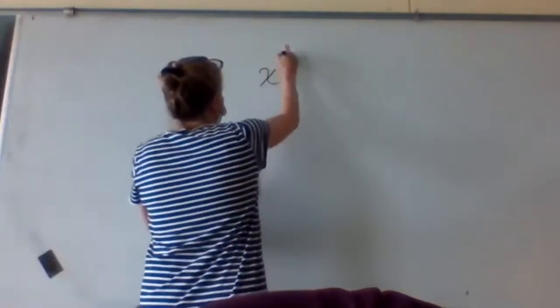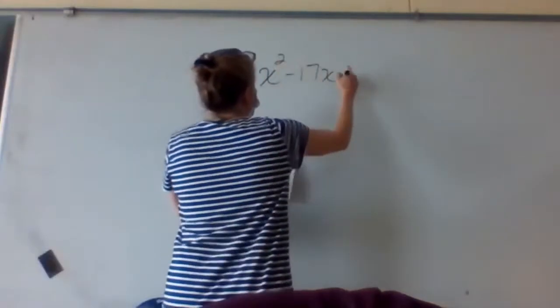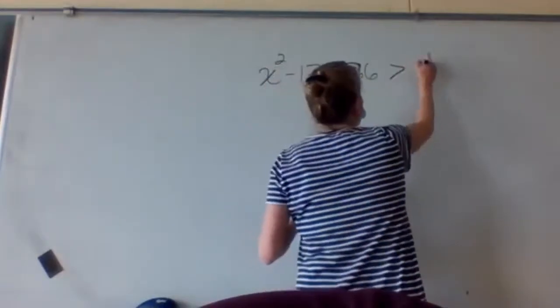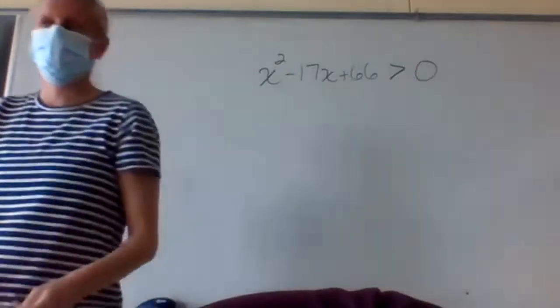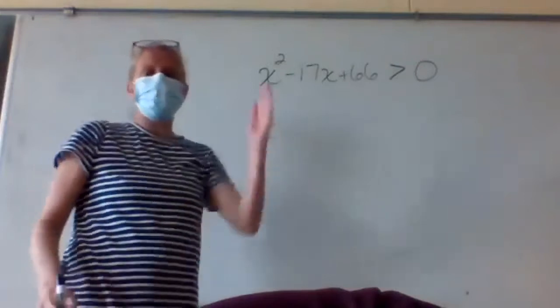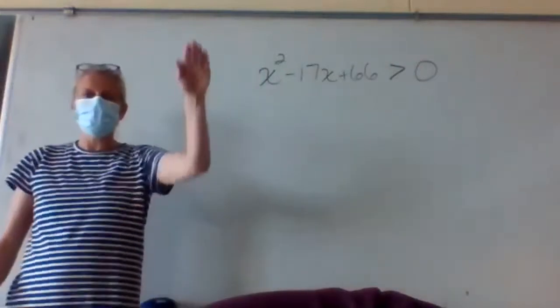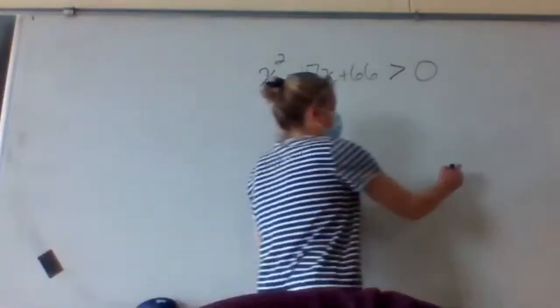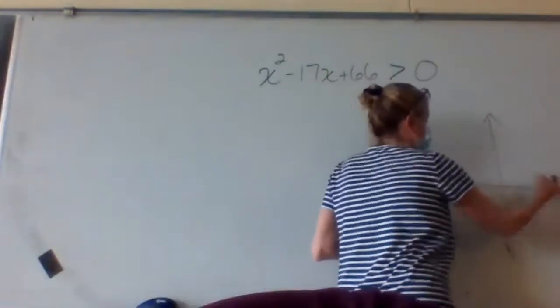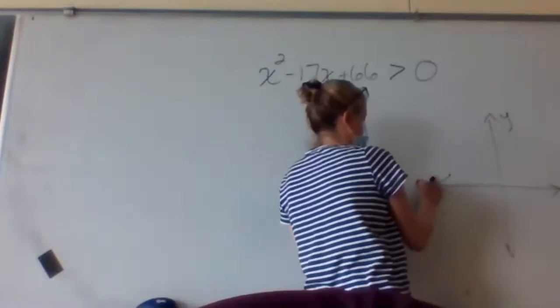So if you have your calculator, you might want to get it out. x squared minus 17x plus 66, and it wants to know where that is greater than 0. So positive x squared, so it's going to be a right side up U. I just need to find out where it passes through the x-axis, right? Because that's going to be my 0.